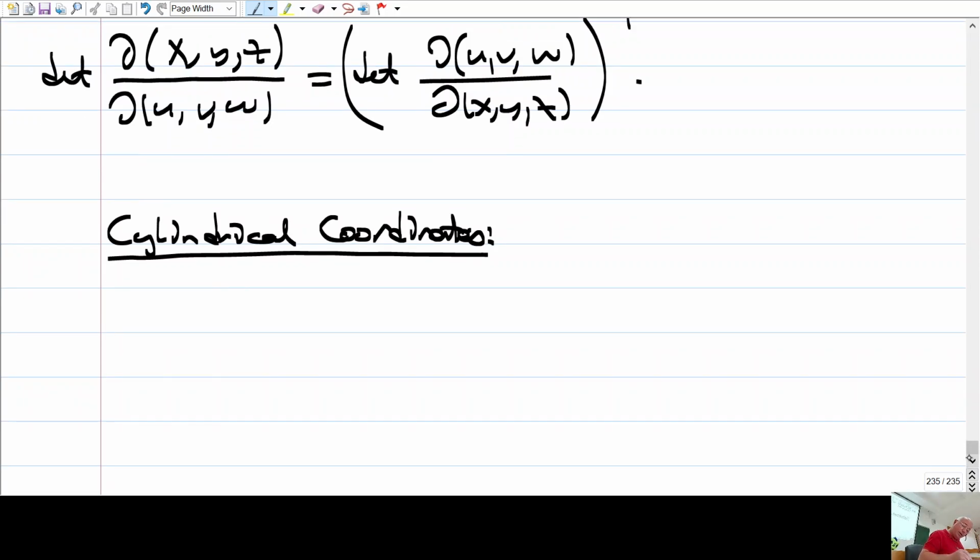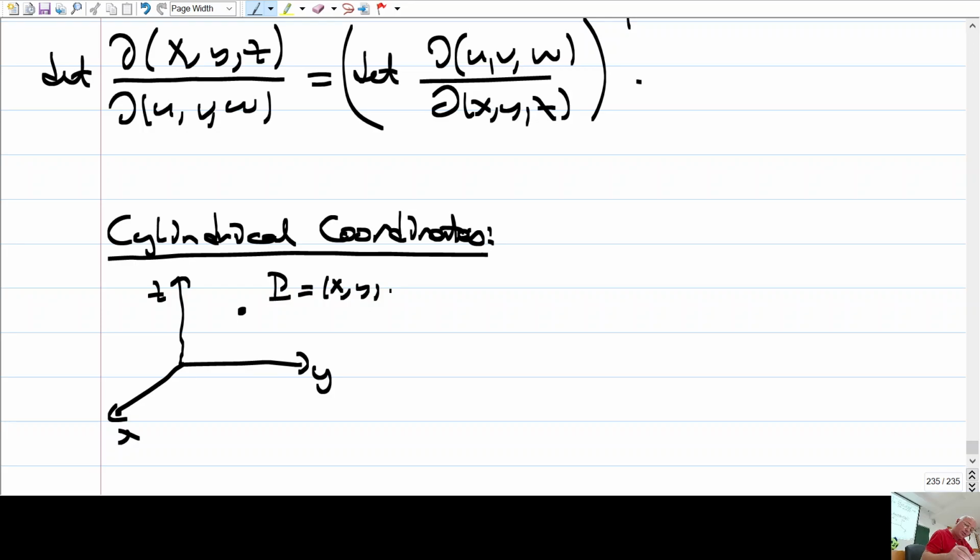So in the x, y, z coordinate system, we have the following. Okay, suppose we have a point x, y, z. We look at its projection onto the xy plane. So it is x comma y comma 0.